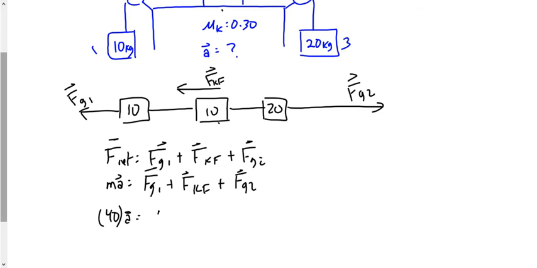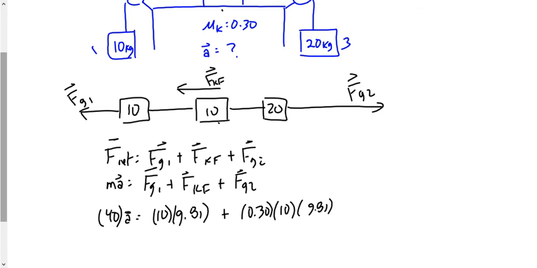Fg1 is 10 times 9.81, plus Fkf, the force of kinetic friction. How do I find that? Is it 0.30? No. I've got to times that by the normal force, right? 0.30 times the normal force would be 10 times 9.81 here.